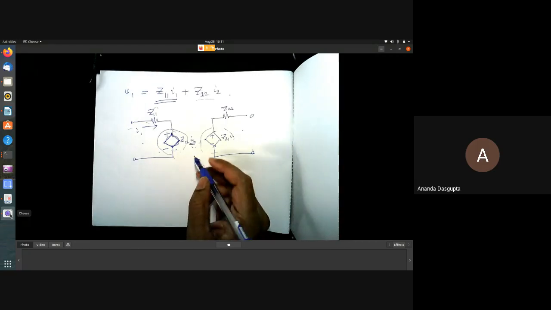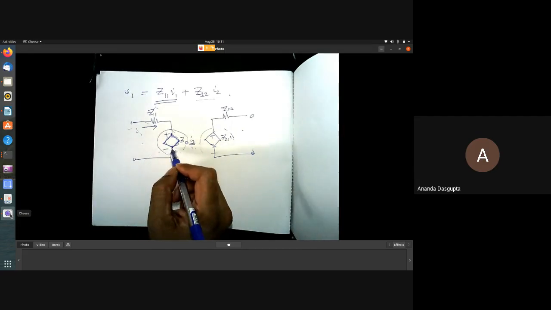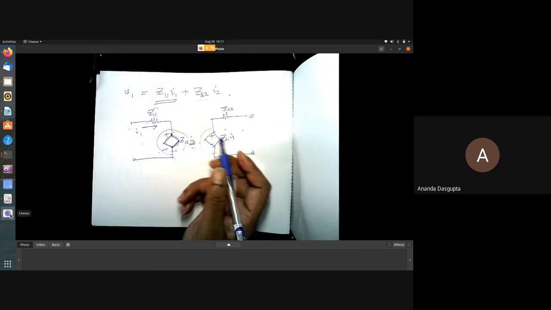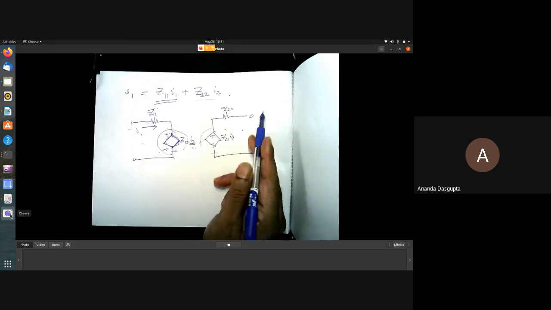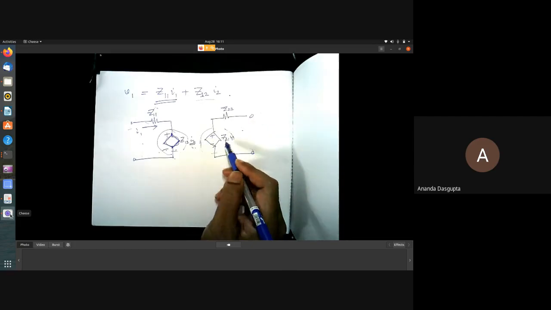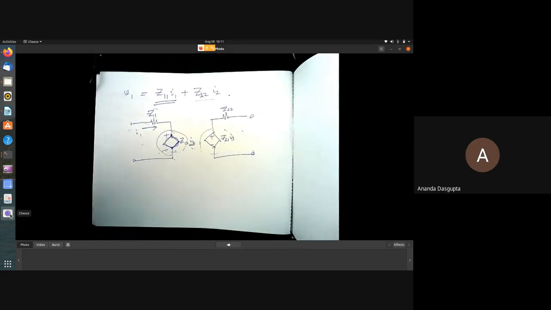Here, the effective modeling of that is done by a single current controlled voltage source connected to the input, where the voltage is controlled by the output current. And similarly, on the output side, there is a current controlled voltage source where the voltage is controlled by the input current. So the effect of the real circuit components which connect the input and the output is being modeled here effectively by these two pieces. Okay.